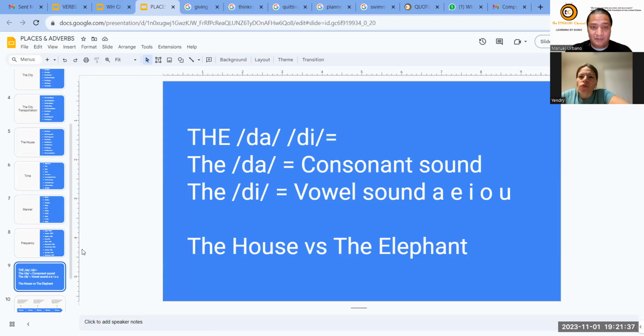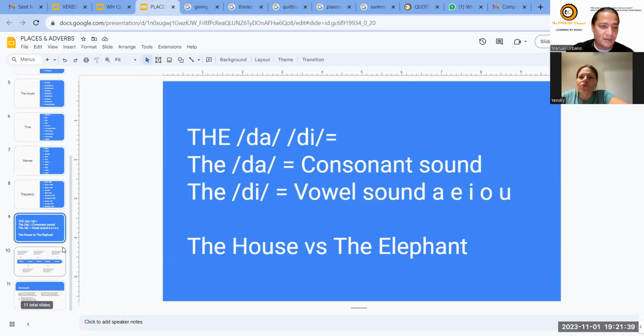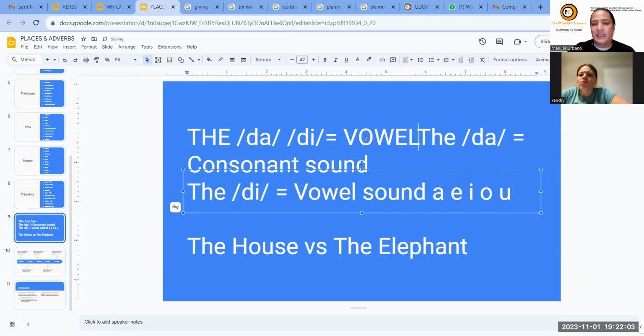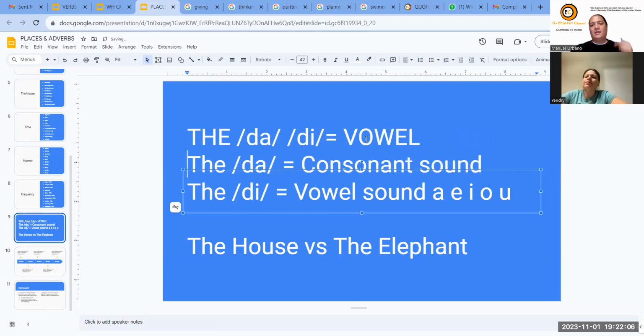And here I just have some extra things that I like to point out sometimes. The pronunciation of "the" could be "thuh" or could be "thee", but it is your choice. Most of the time, it depends on whether a vowel comes next.